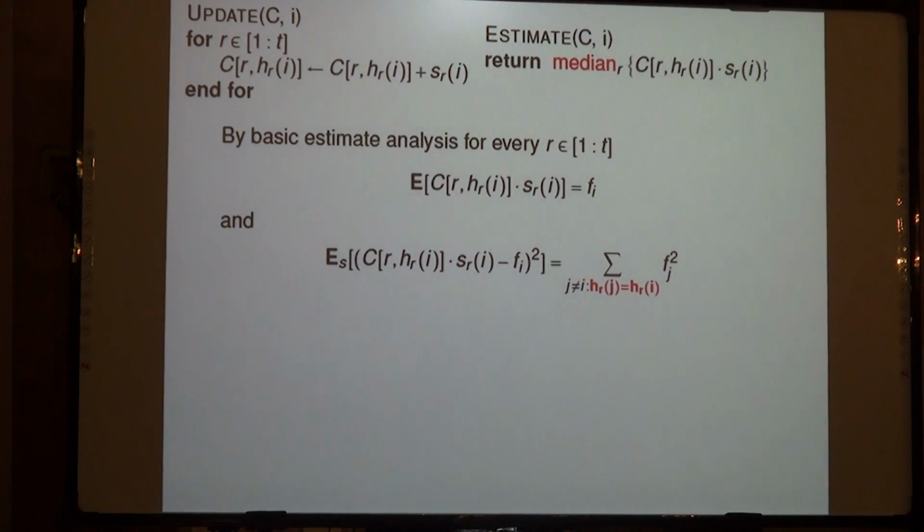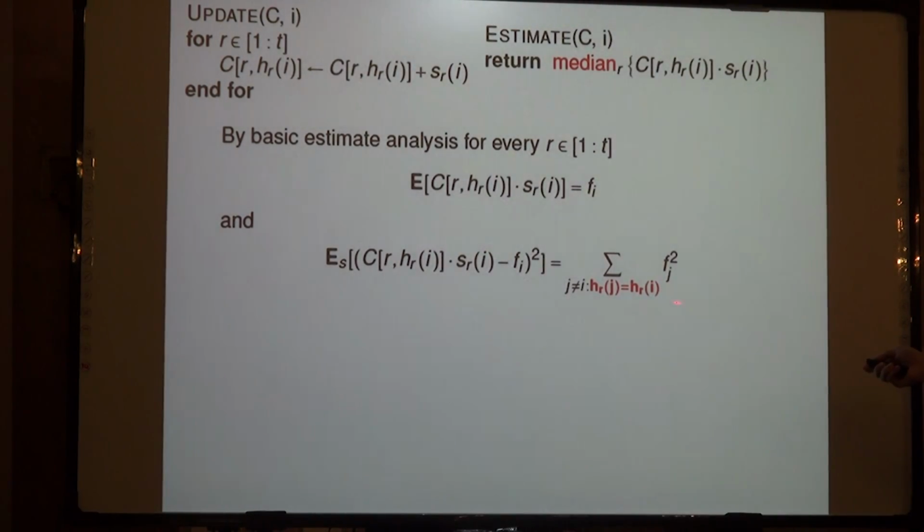Well, now we're running our estimate on the subsample streams. So when I'm estimating item i using hash function r, my variance is the sum over all other elements of the universe, j distinct from i, not over all of them, only over those that actually hash to the same bucket as i did.